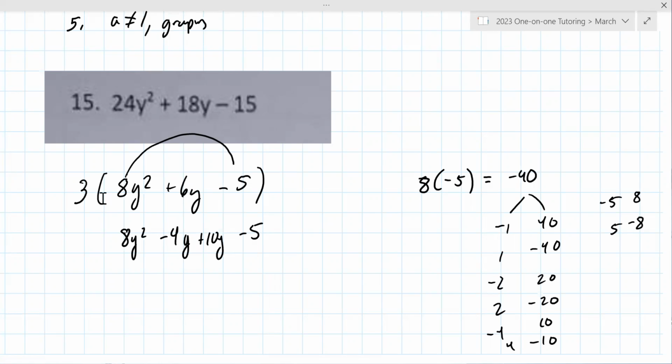All right, so now this is a grouping problem. So why don't you try it from here? And don't worry about the 3. Just keep going from this step.